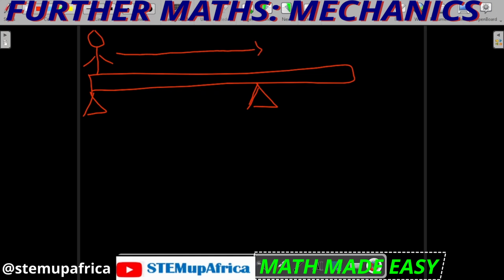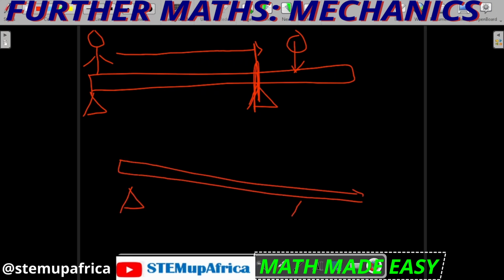Immediately he walks past these supports, there's no doubt this beam will tip over in this manner. You will now have a situation like this, because at this point the support will move from P, and the beam will tip over at this point.